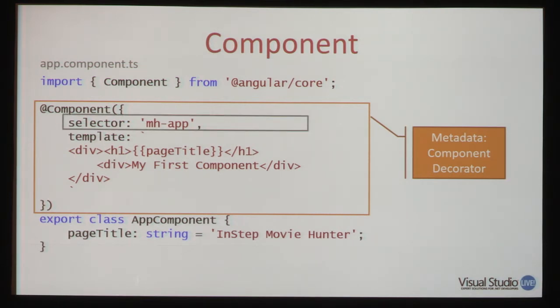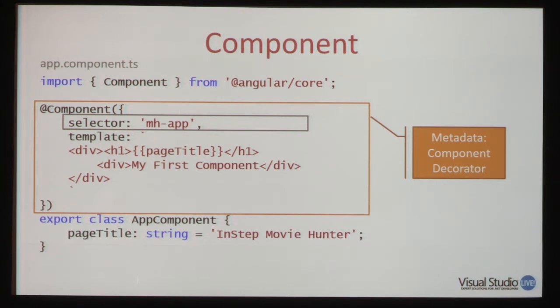So the first property is selector. That value is the name of this component when we're going to reference it in the HTML. So if you're familiar with Angular 1 and custom directives, we're basically defining a custom directive. For those of you not familiar with Angular 1, what we're building basically is a custom HTML tag.